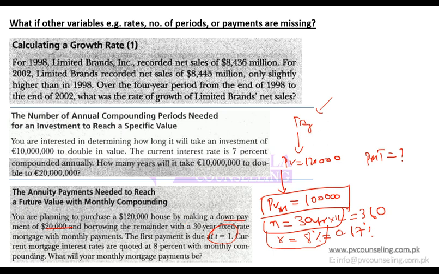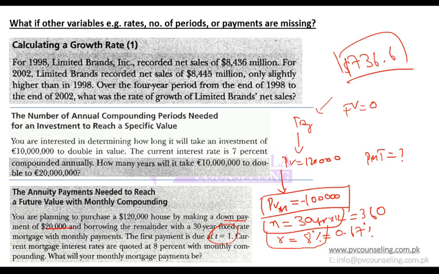N is 360, I/Y is 0.67, PV is minus 100,000 or plus 100,000, whatever, and future value is 0. So your payment is 736.6. This should be your monthly payment. 8% is the annual rate.